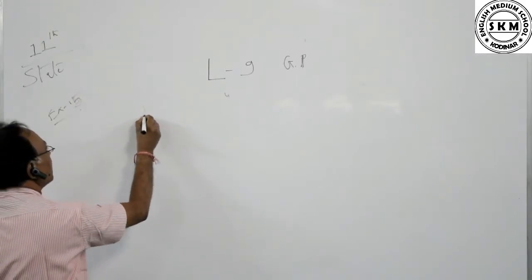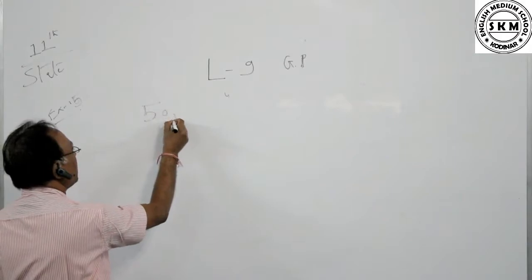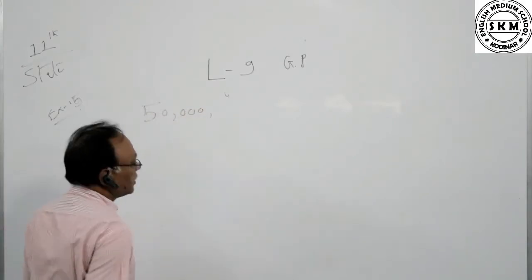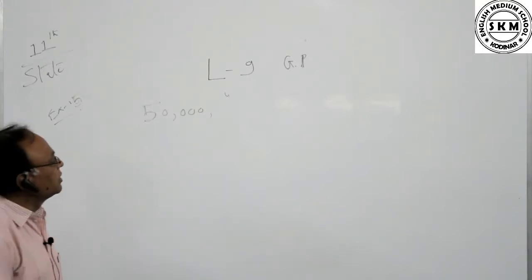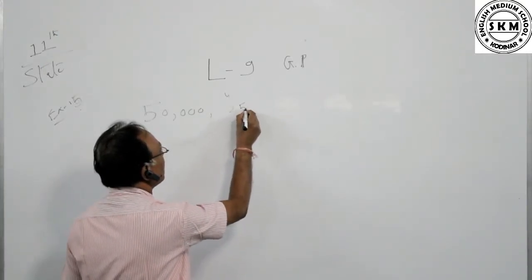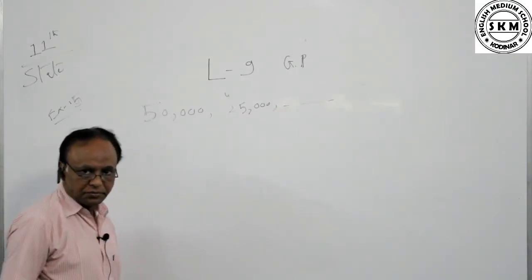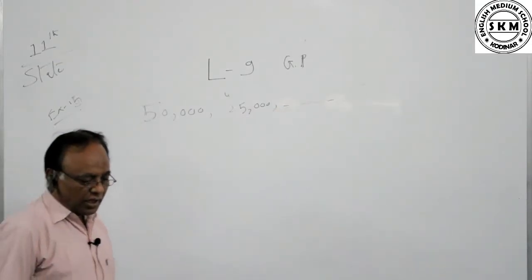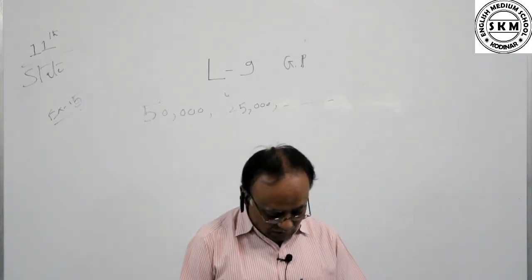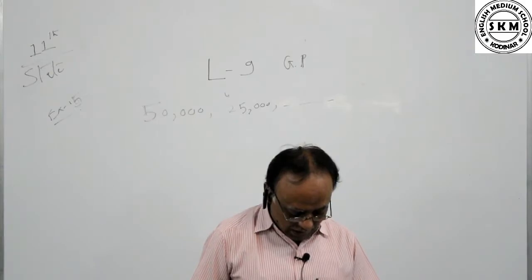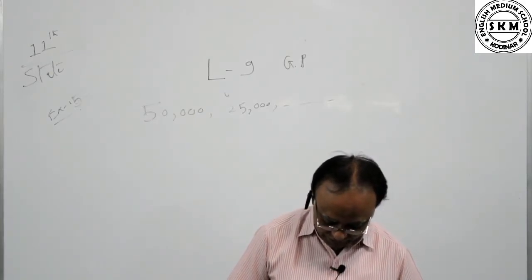Then every week there is the half, meaning 25,000 and so on. And we want to find the water level after the 5 weeks.